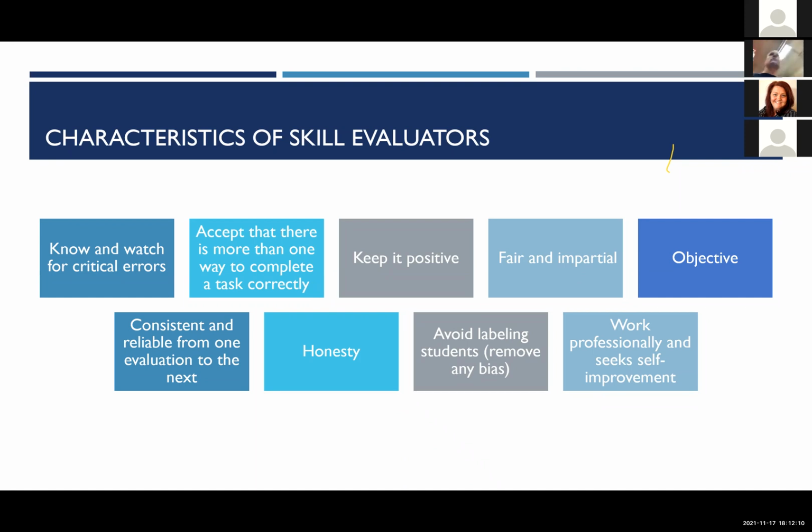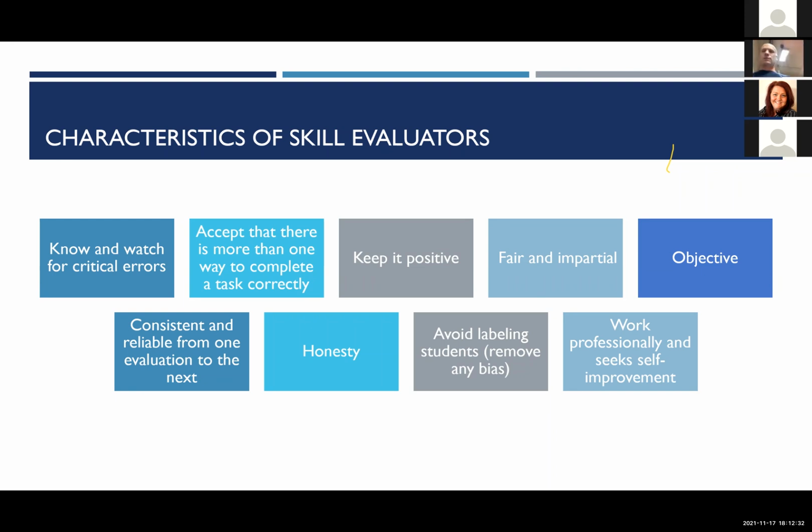That's a good characteristic. They also accept, this is an important one, that there is more than one way to complete a task correctly. And this one's a tough one for people to sometimes grasp and for us to understand and really apply. It's such an important concept when it comes to reliability.